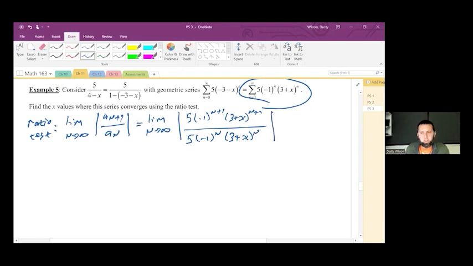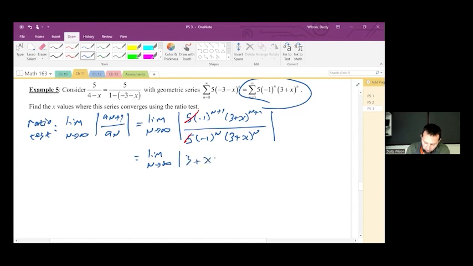And you'll notice that some of these terms are just going to cancel. The 5s cancel. The absolute value is going to kill the negative 1 to the powers. It doesn't even matter how those simplify. And we're going to be left with the limit as n goes to infinity, just the absolute value of 3 plus x.